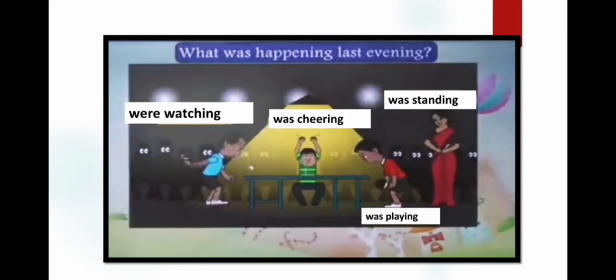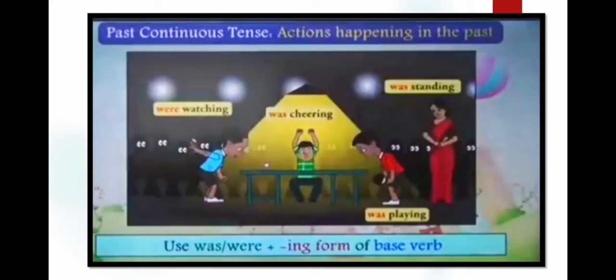So what actions were happening last evening? Were watching, was cheering, was standing, was playing. Now, all these verbs which show us the action that was happening last evening are in the past continuous tense. As we all know that were watching, was cheering, was standing, was playing are all verbs in the past continuous tense because they are showing actions that were in progress in the past.